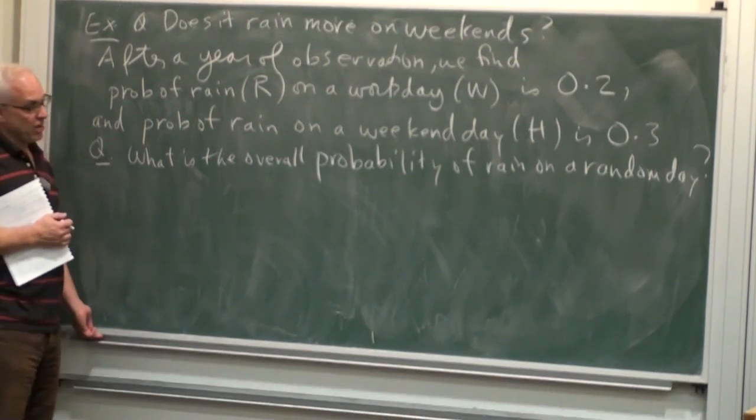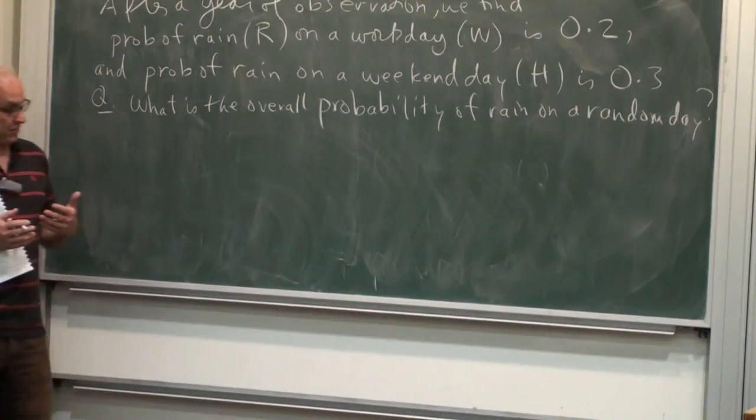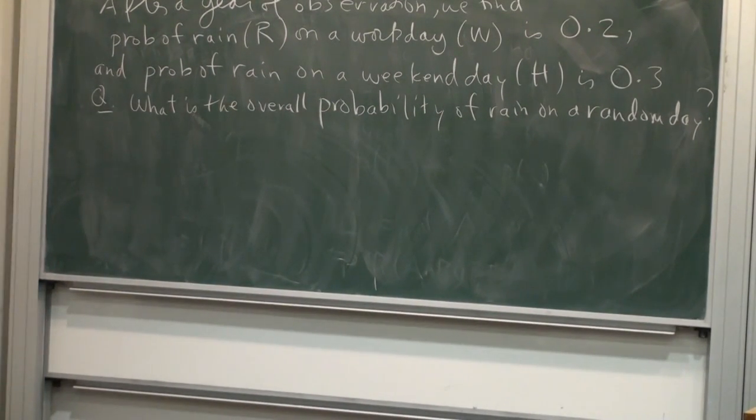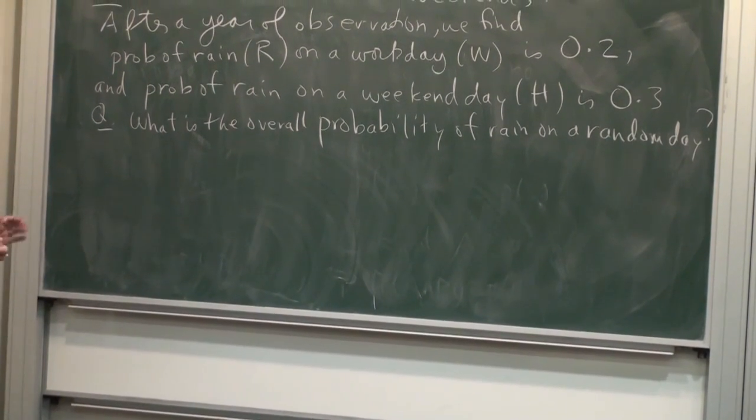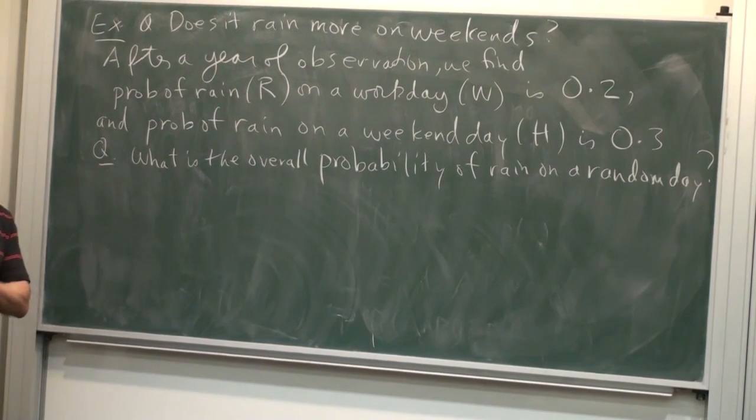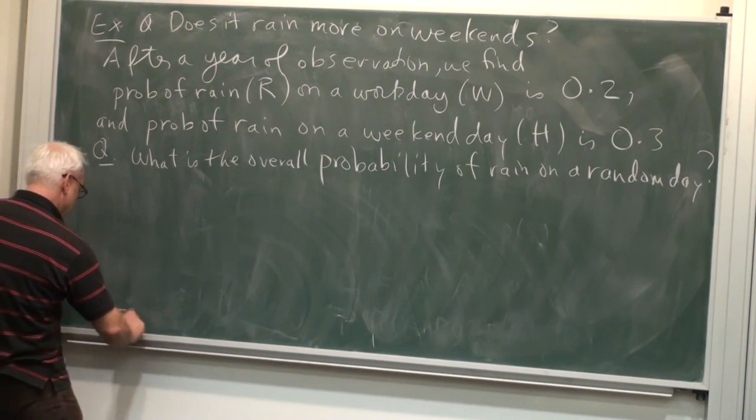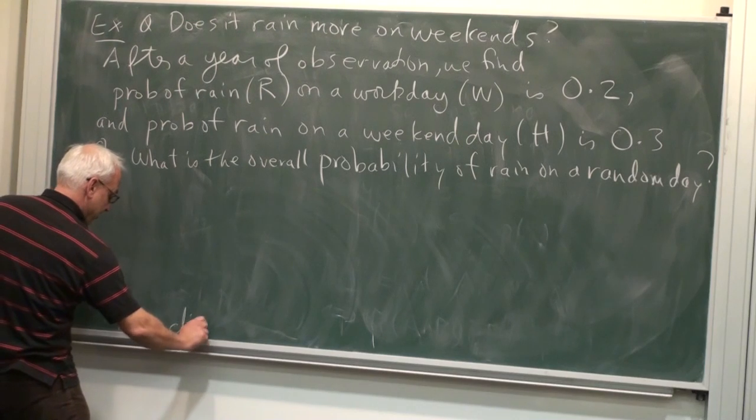All right, to answer this kind of question, it's useful to introduce what they call a tree diagram. A tree diagram is just a diagram that illustrates the various possibilities, usually read from left to right. So we introduce a tree diagram to represent this situation.